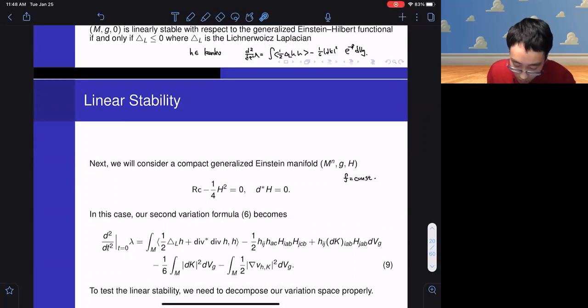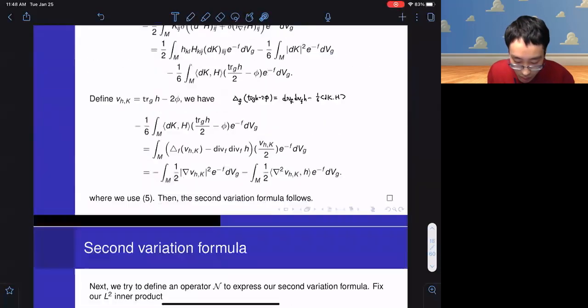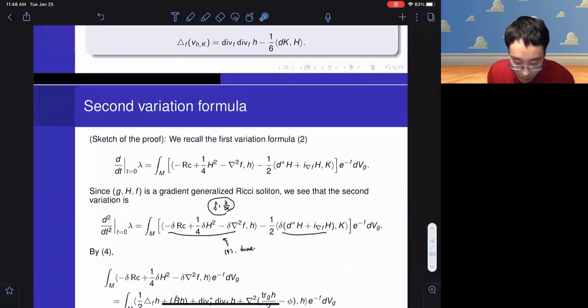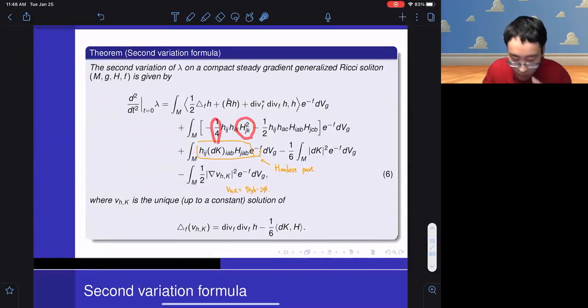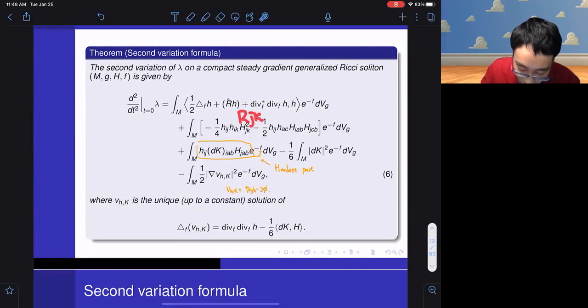Let me scroll up a little bit. Here, in the generalized Einstein case, this is actually the Ricci curvature term, so you can express this quantity as the Ricci-Nova's Laplacian.